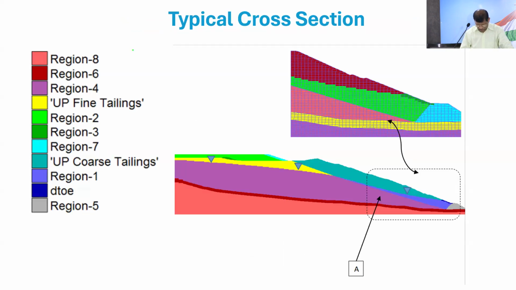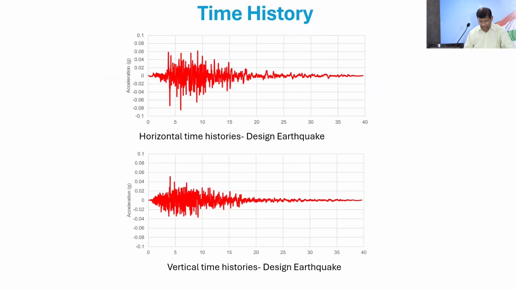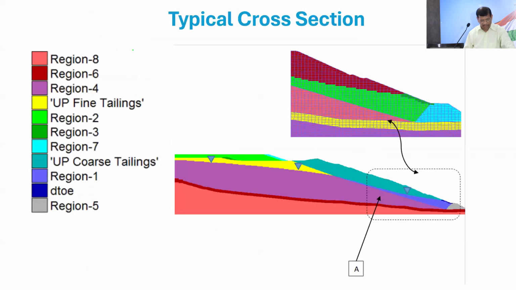If you go back, I showed you that 8 zones are there, and pretty much in the same way we are coming up with this 8-zone model. And we can see that this is the water table assumed in the model. Above the water table and below the water table, there can be different material parameters.